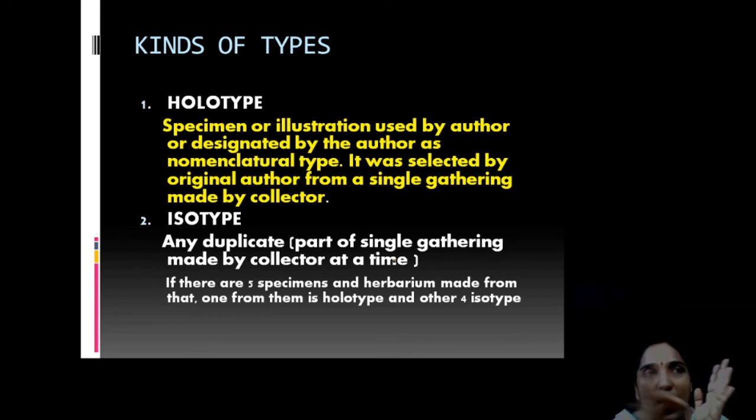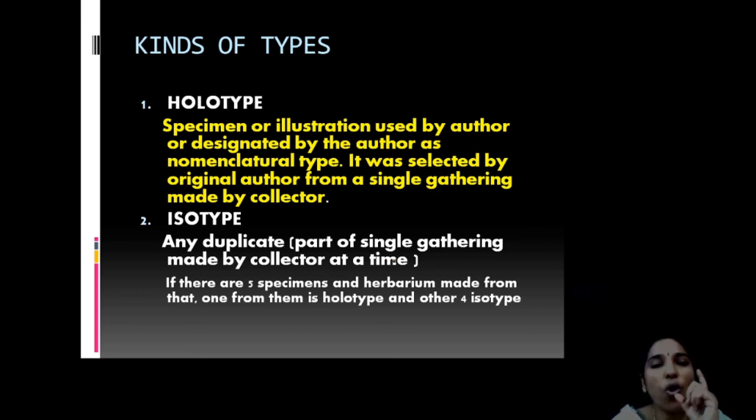Based on that, I will give a description of Mangifera indica: its habit is tree, its leaves are arranged alternately with reticulate venation, and the flowers, color, everything regarding that particular plant, I will describe based on that material, that is the type.